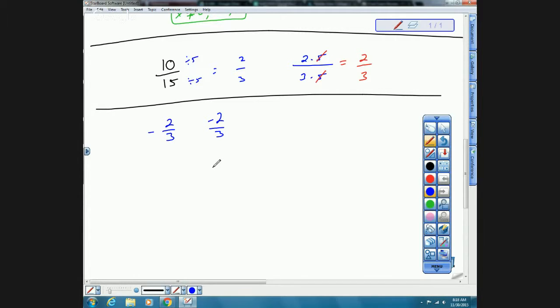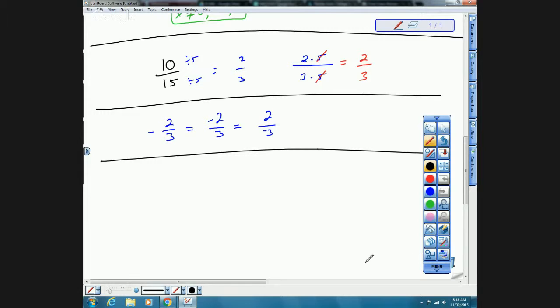Still the same number, because negative divided by positive is a negative, so it's still -2/3. The way you never write it though is +2 divided by -3, because a positive divided by a negative is still a negative. Okay, so these all mean the same thing. It's just moving the negative in a different spot.